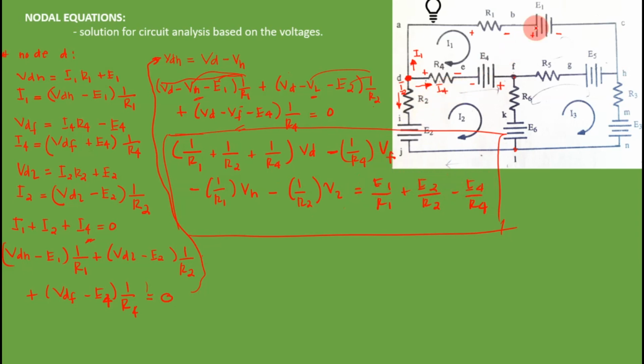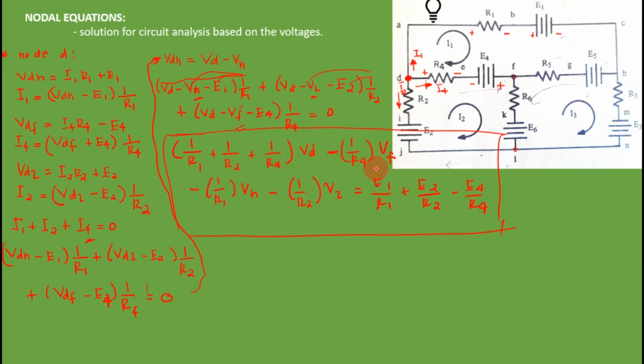So you have E1 divided by R1. It is positive because this node is more positive, V_D. So you write positive here, and for E2 also positive, and this one is negative, that's why you put negative here. Okay, E4 over R4. So this is how you set up the nodal equation.